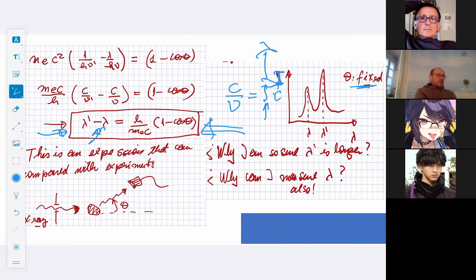And we can easily recognize that the first peak is the wavelength of the original light, so of the original X-ray.